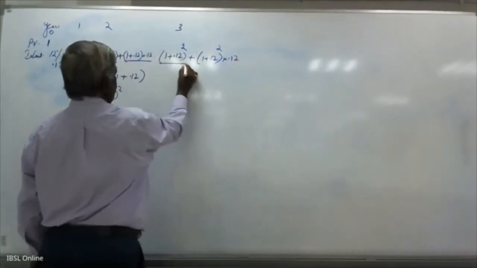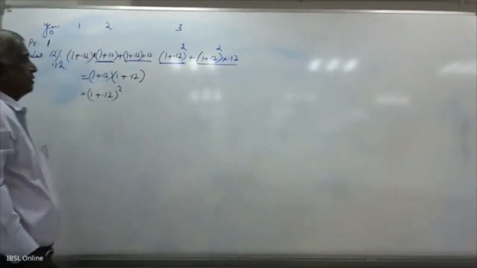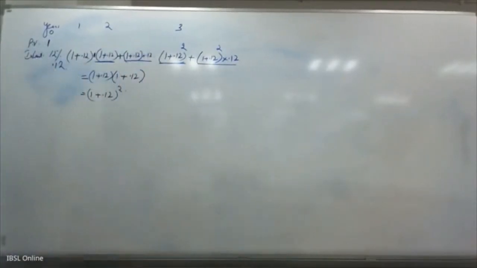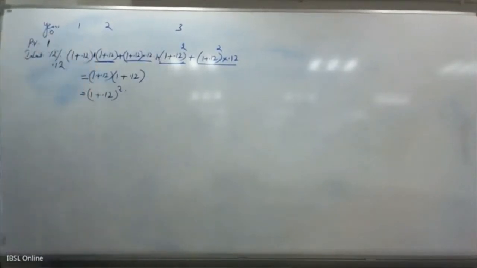This is the capital portion, and this is the interest portion. If you put 1 again, it won't make any change.